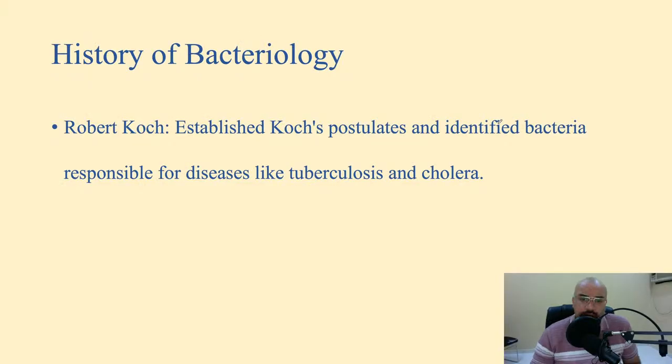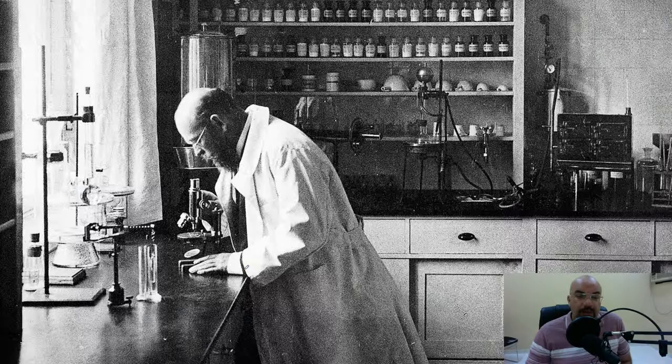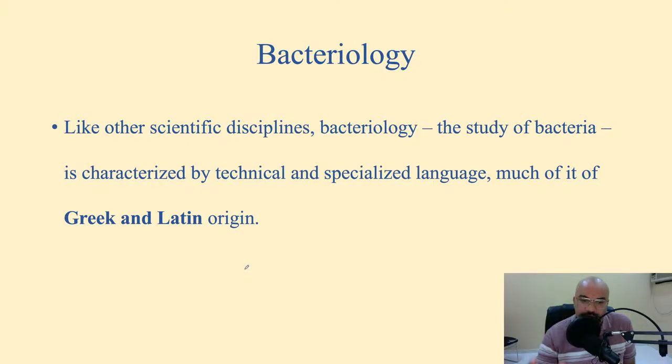Robert Koch established an additional milestone in bacteriology, and he started to find the connection between the presence of bacteria and some signs and symptoms that appear in the patient, which is the disease, such as tuberculosis and cholera. This is a photo of Robert Koch, and they started to differentiate and name the bacteria.